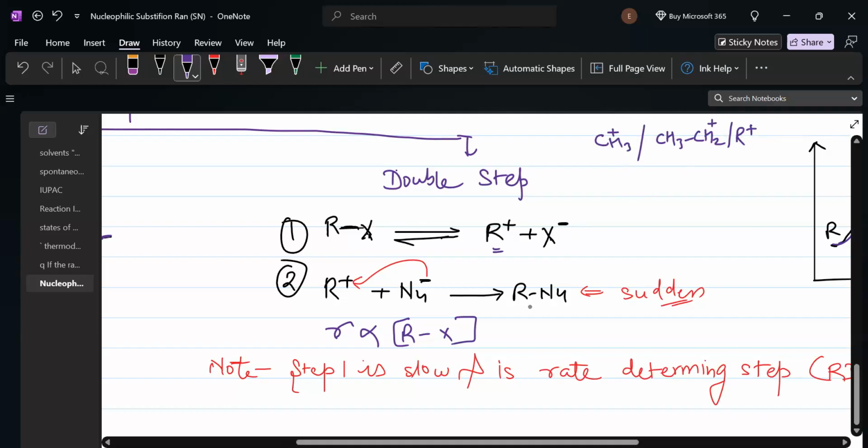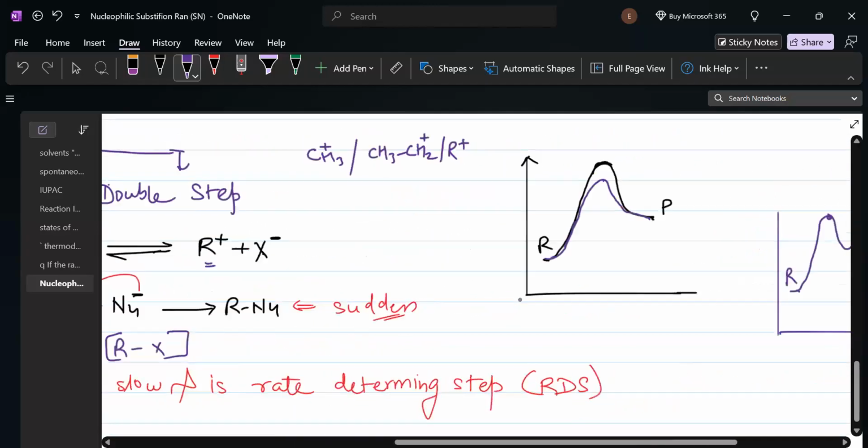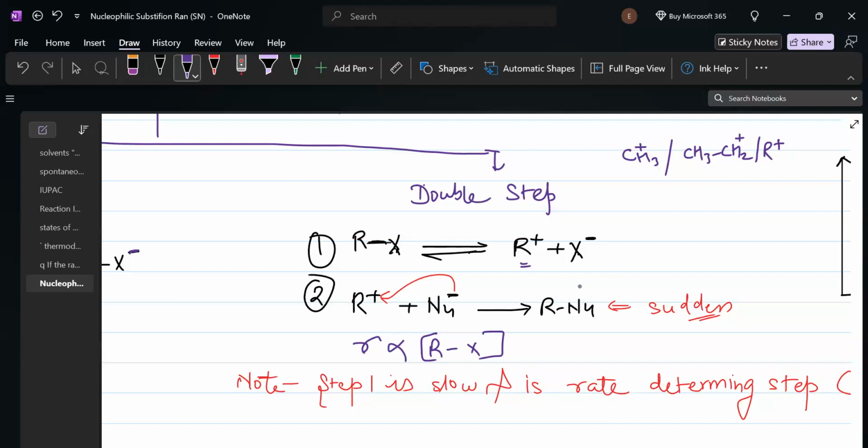So here you cannot see a carbocation, right? Yes, sir. But a carbocation is formed in the reaction. Can you see in this reaction? This is a complex, two-step reaction. Can you see the carbocation forming in one of the steps? Yes, sir. But still we cannot see it in the product because this is an intermediate.